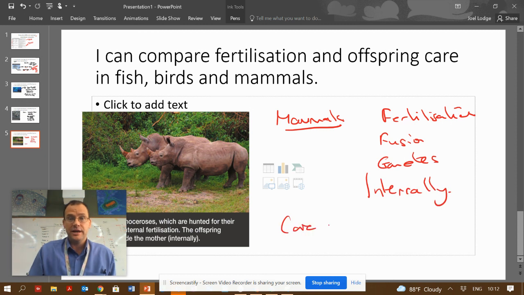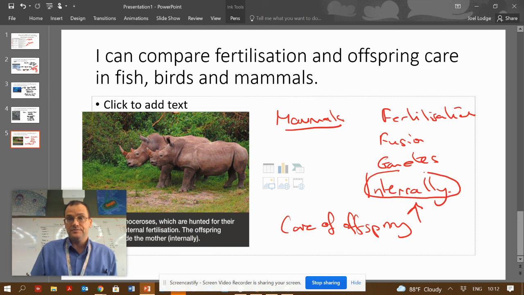And also care of the offspring occurs internally too. So humans, it's 9 months internal care before birth. This varies between different mammal groups, but we are adapted to care for those offspring internally for long periods of time before birth.